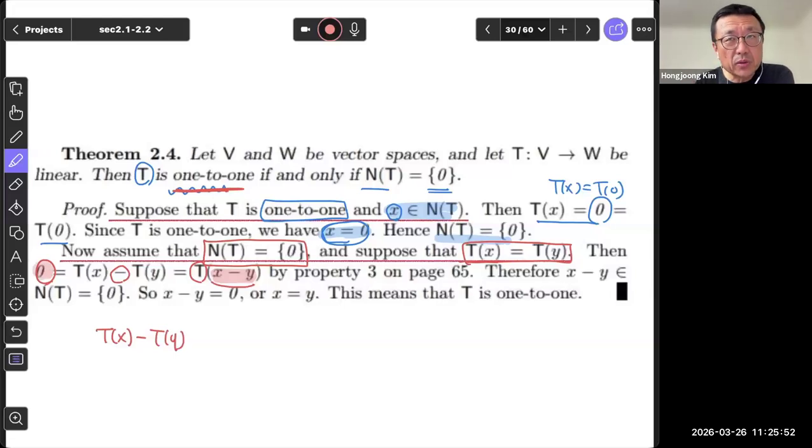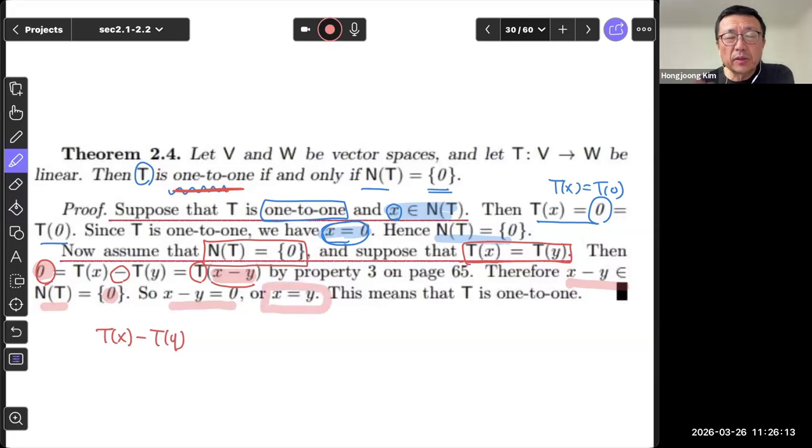So x minus y must be included in the null space. But the only element in the null space is 0. So x minus y must be 0. In other words, x and y must be equal.